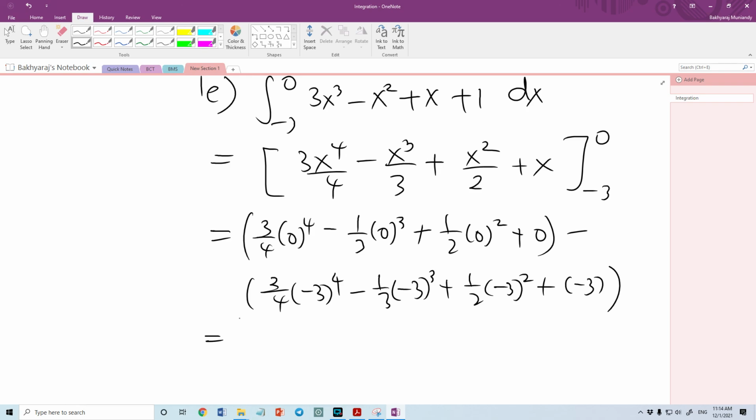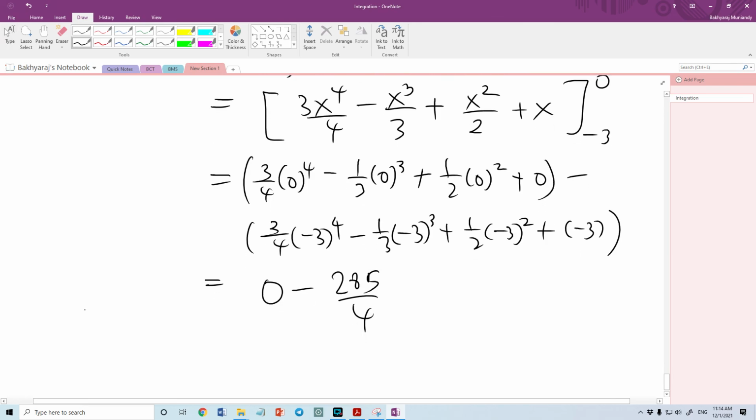When you substitute 0, you get 0. So 0 minus. Next is negative 3, so you put negative 3, you get what? You will get 285 over 4. So the last answer is negative 285 over 4.